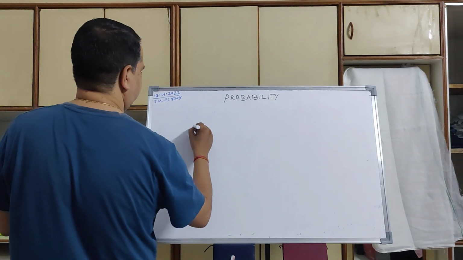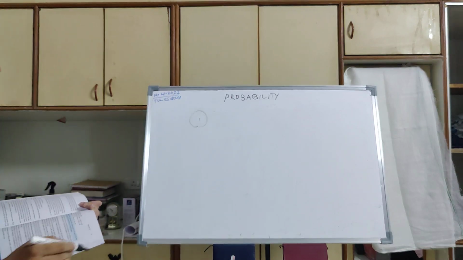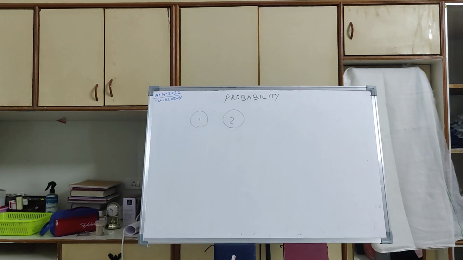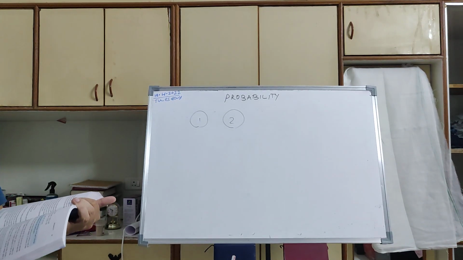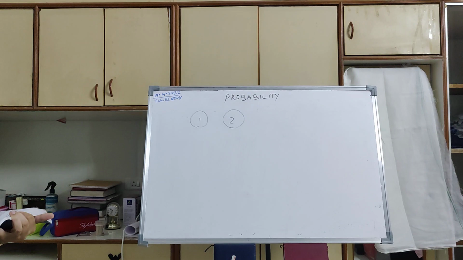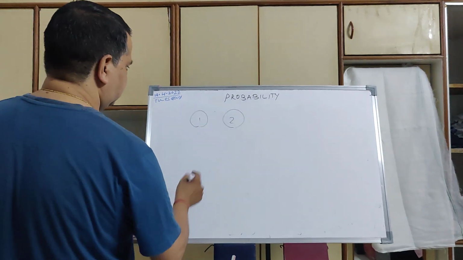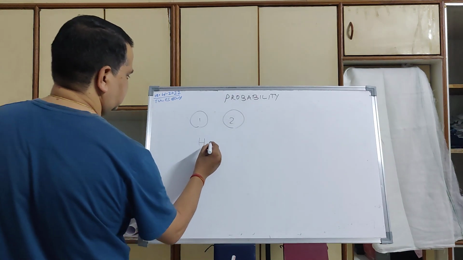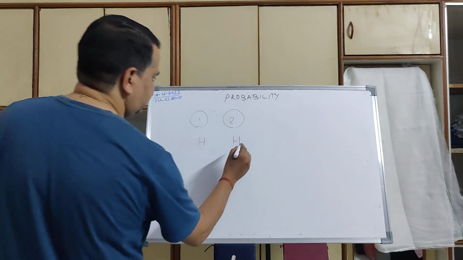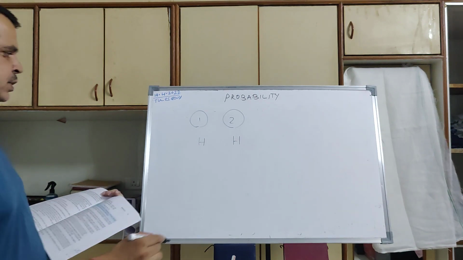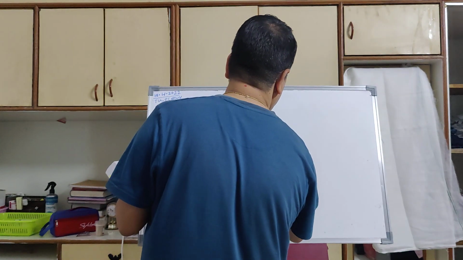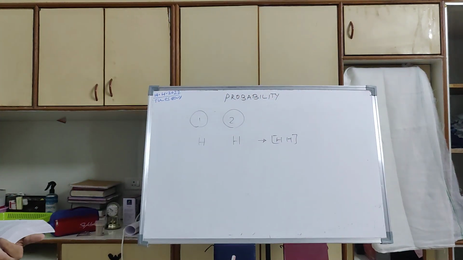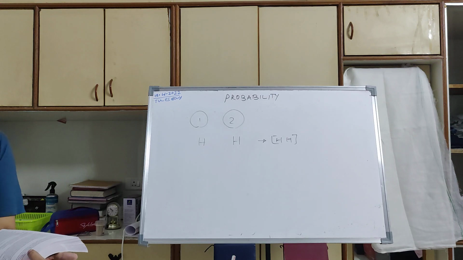So let us say you have a 1 rupee coin and a 2 rupee coin. You can toss the 1 rupee and 2 rupee coin only once. So what can be the sample space? Let us say the first coin is H and the second coin also H. This is one sample point, because you are just throwing it once.